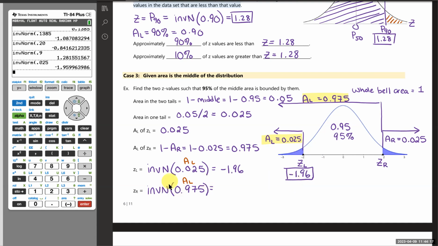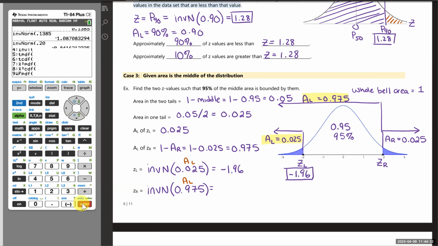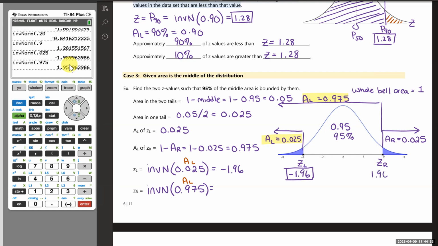And then if you inverse norm 0.975, this may not be surprising based on the symmetry of the graph, but that comes out to be positive 1.96. Numerically, the size of the number is the same, but one is negative and one is positive, because as always, the mean mu in the center is 0 when we're talking about z-scores.